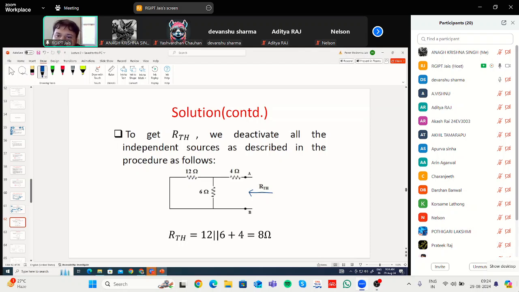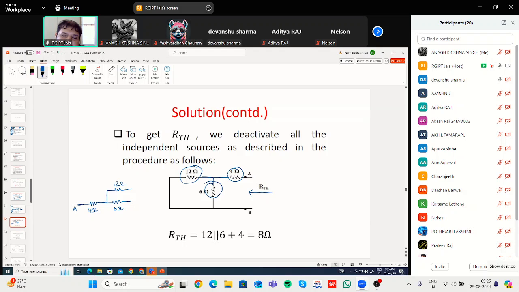Let us say this is point A. The first thing you are facing is the 4 ohm resistance. Then two branches are happening. In one branch, there is a 12 ohm resistance, and in another branch, there is a 6 ohm resistance.